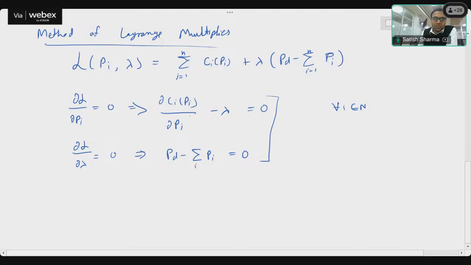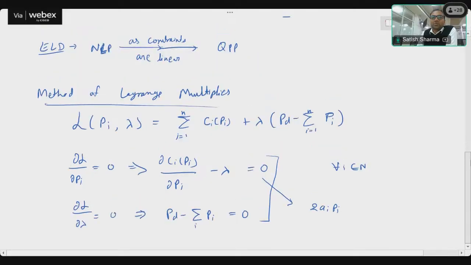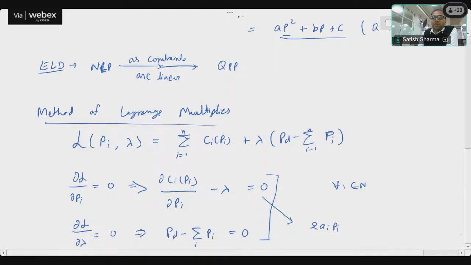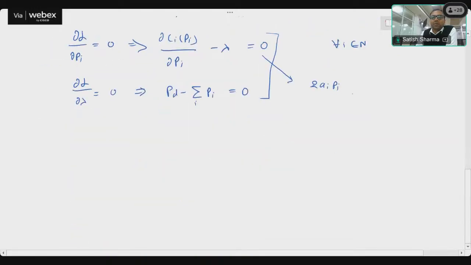Here, if we have assumed this particular equation as a quadratic function, I can say it is basically a quadratic cost function for each generator i. So this is the quadratic function, and the first order derivative will be 2aP plus b. I have placed it here like this: 2ai Pi plus bi minus lambda equals 0.